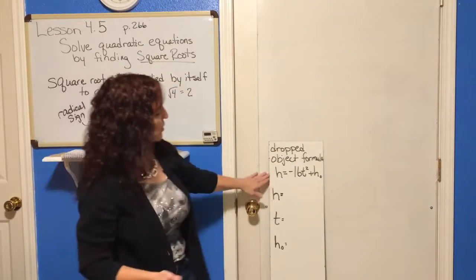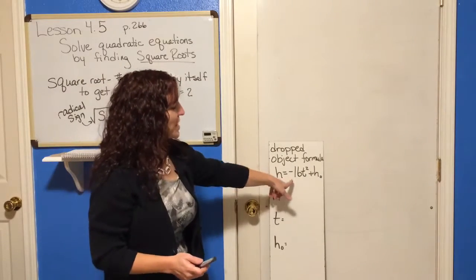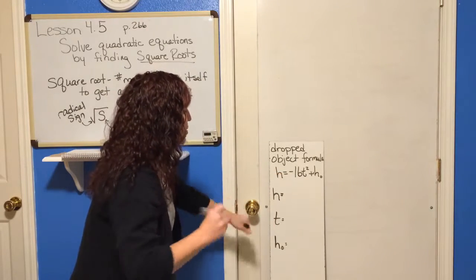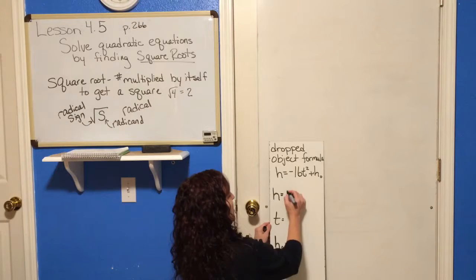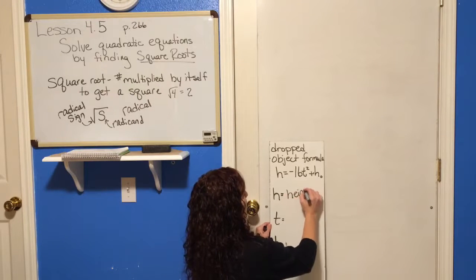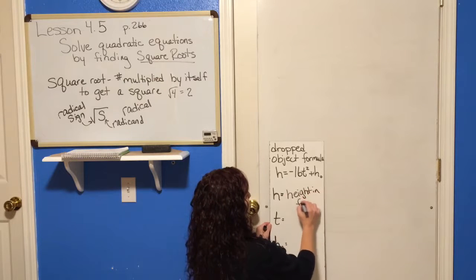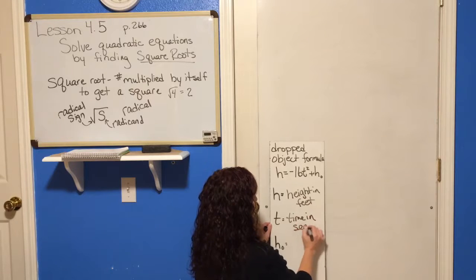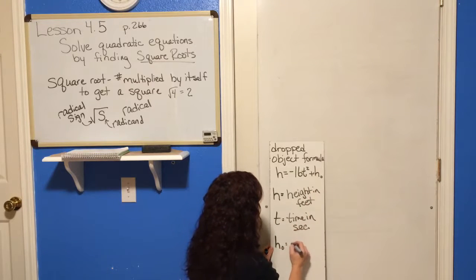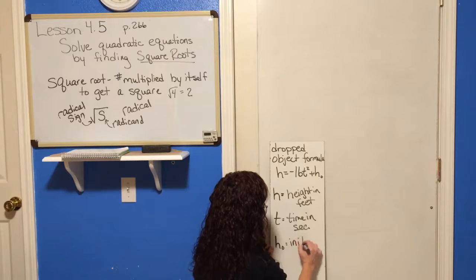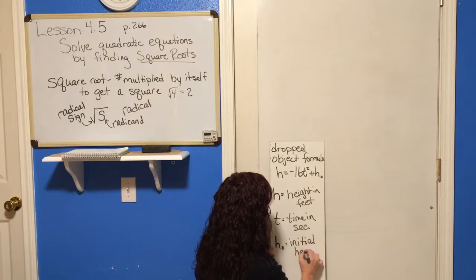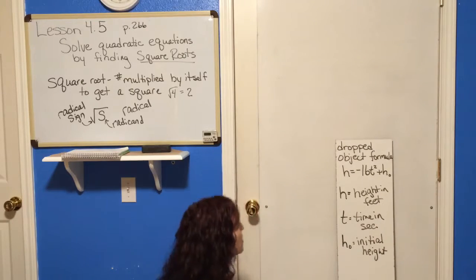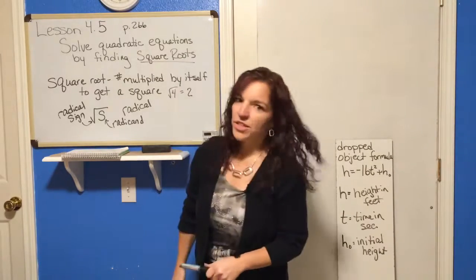The dropped object formula says h equals negative 16t squared plus h sub 0, where h is the height in feet, t is the time in seconds, and h sub 0 is the initial height, where you started out. Okay, so let's use this information to solve this problem.